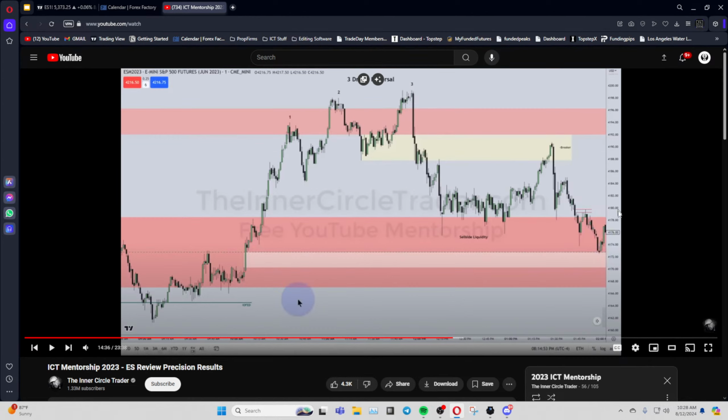Then we get another market structure shift, and we're likely to see a leg higher because we're generating a lot of liquidity when we're having these stacked lows. We also even developed this low. So now we have 3 stacked lows. We're capturing all of that liquidity, and we're likely to run higher after that.